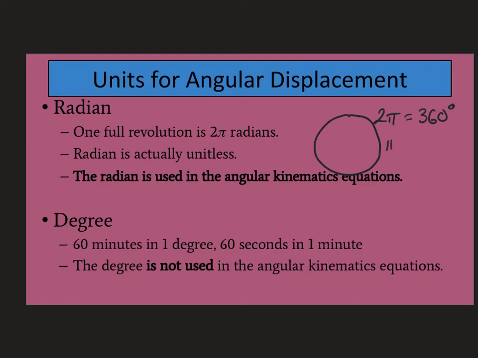Then half a circle, or 180 degrees, is pi. This unit of radians is going to be our standard unit for measuring angles in this portion of our studies. We know our degrees, 60 minutes in a degree, 60 seconds in a minute, and we've been familiar with it for a long time.